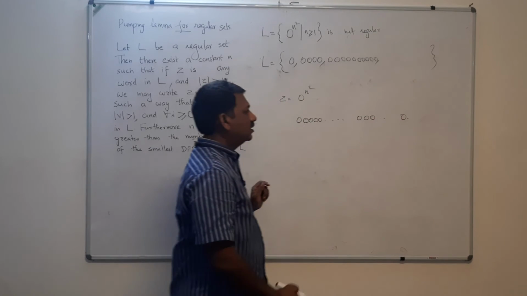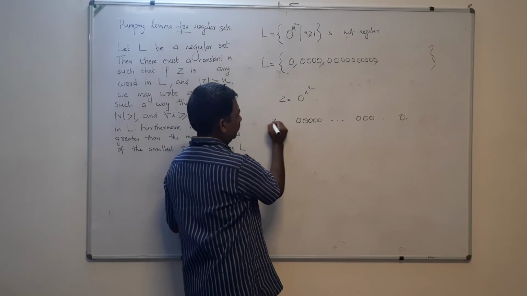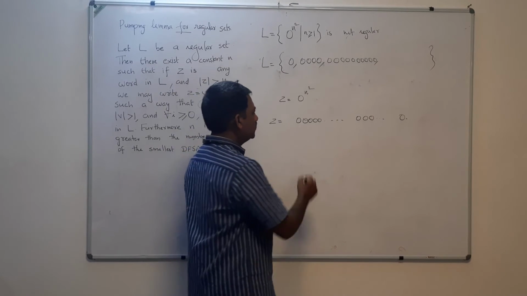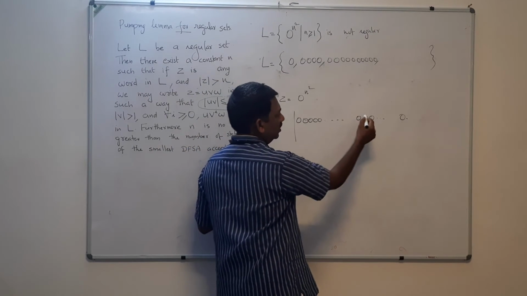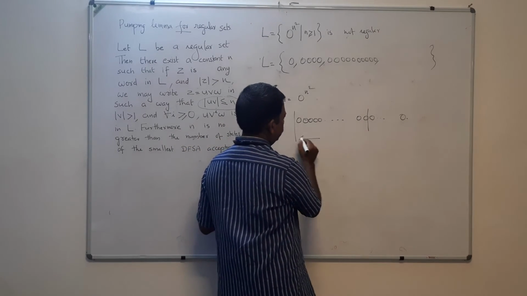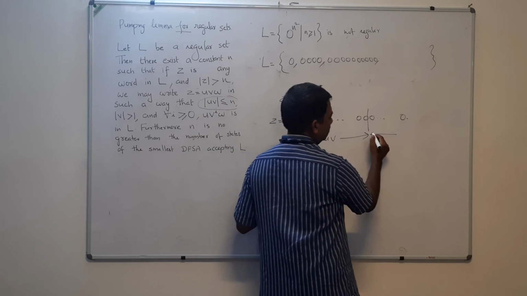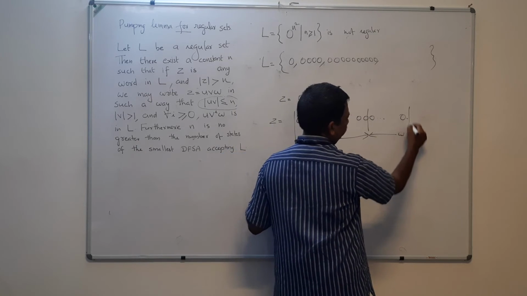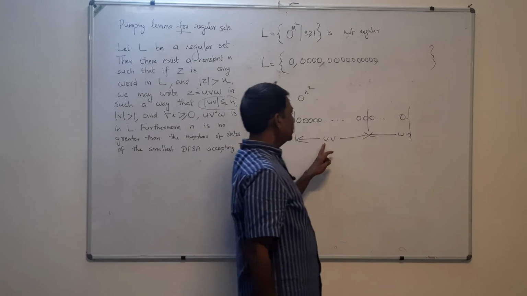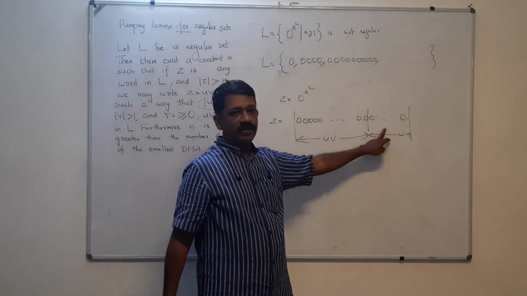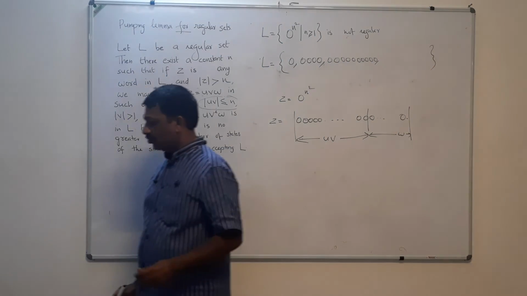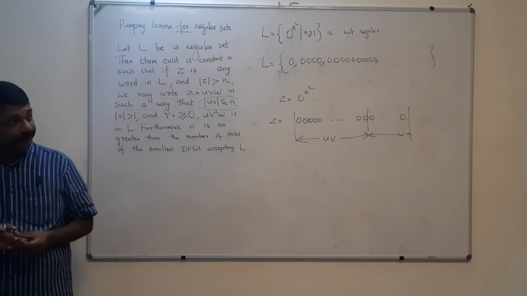Suppose that this is z. We are splitting this such that up to this point it is uv, and after that this is w.